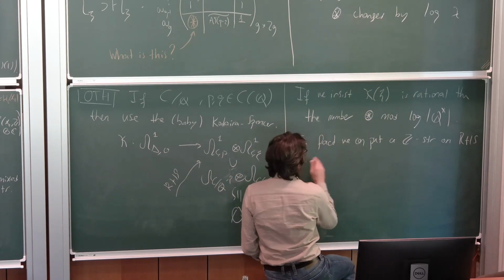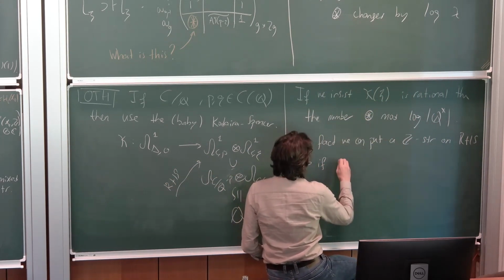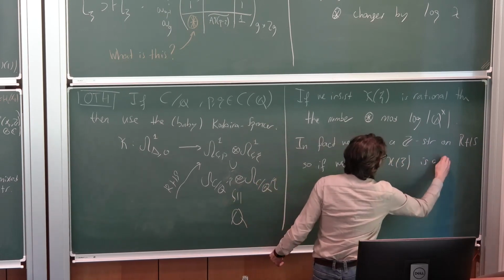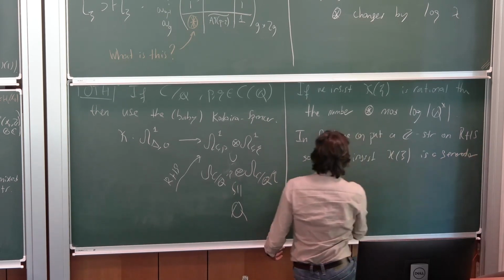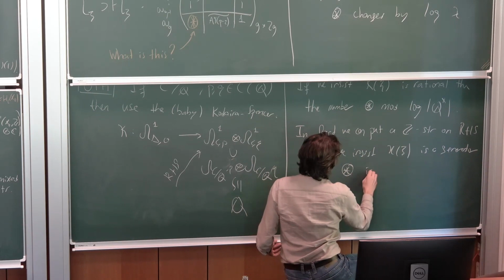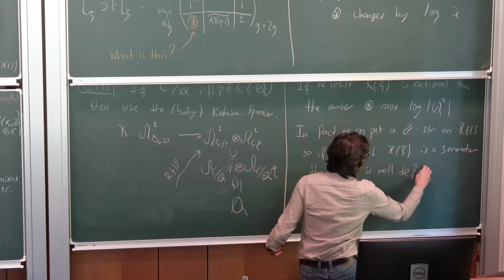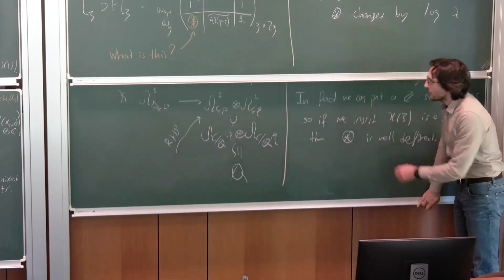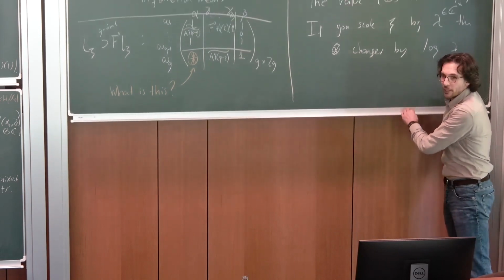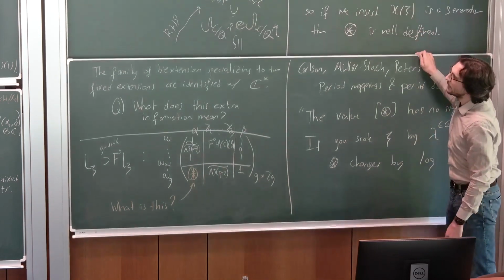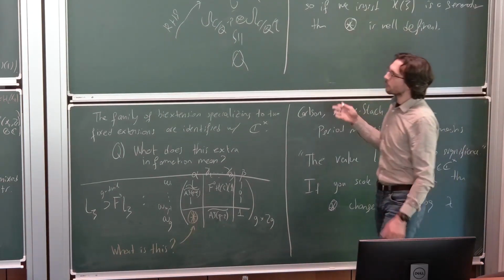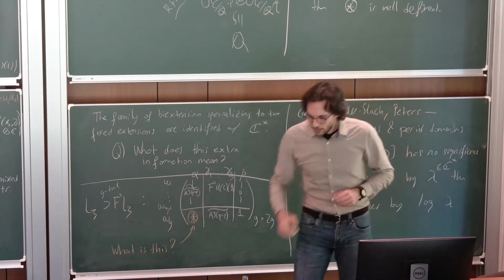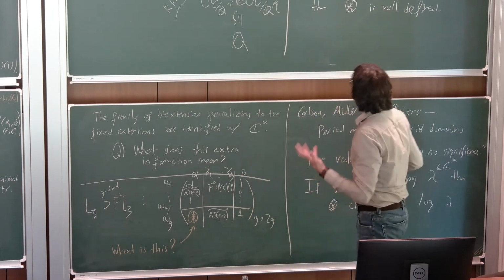So if we insist kappa xi is a generator, then this is well defined. And now something must happen, really. We essentially have a well-defined number. It must have a significance, but it's also clear that this significance must come from arithmetic information because I use C over Q and even the integers. And so this is the vague formulation of our theorem.